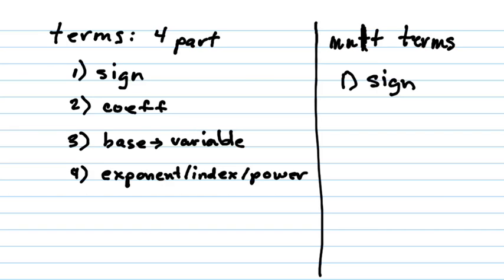If the signs are the same, in other words, they're both positive or both negative, what sign is your answer? Same equals positive, right? Positive times a positive is positive, negative times a negative is a positive.